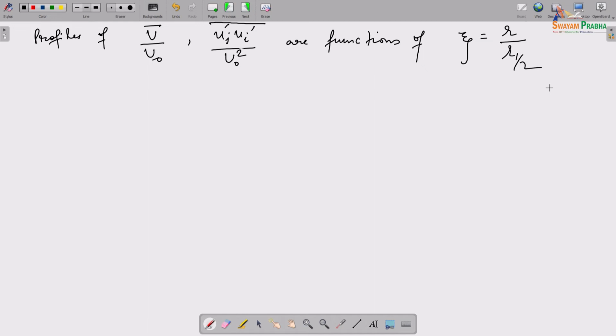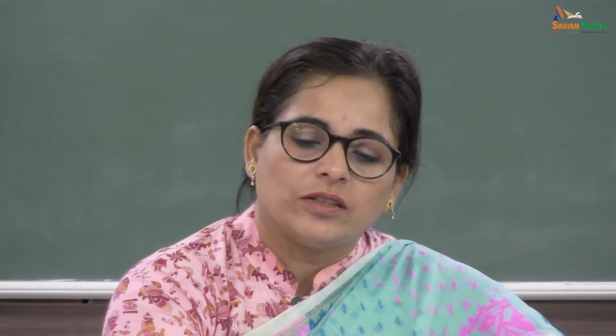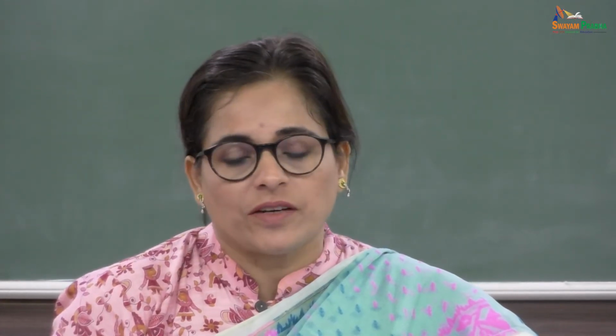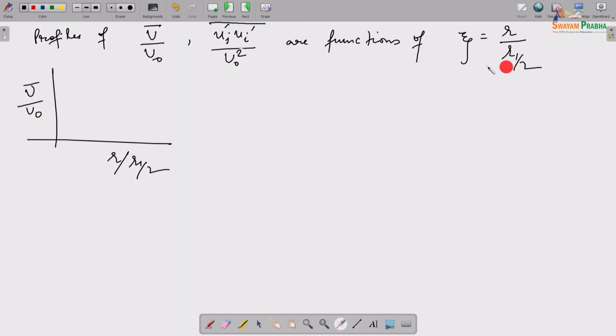So the point is, if I were to do this, you would have this by this, r by r half, and you'll get one plot. So I can have several flows like that, but if you plot this versus this, it's all going to be just one curve. That's why they are self-similar. Similarly, the fluctuating part: you can have several different types of flows, but if you plot this value against this, you basically get one plot.